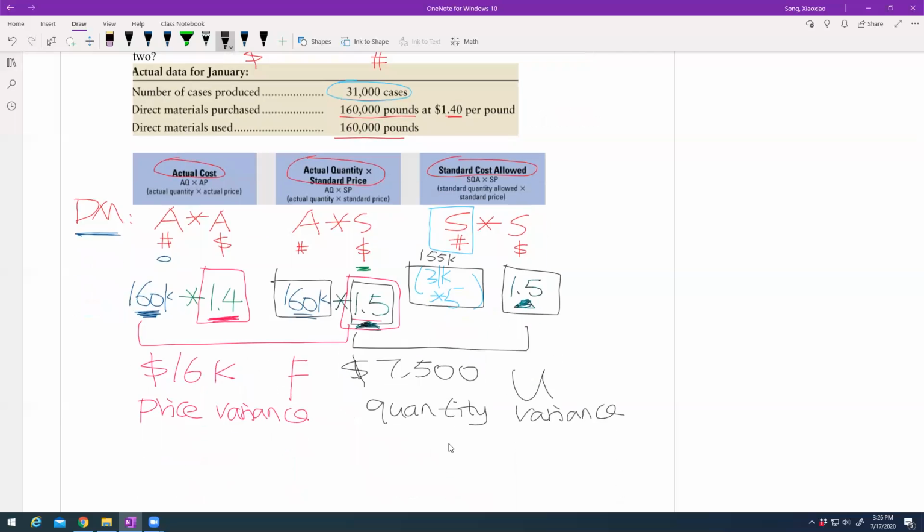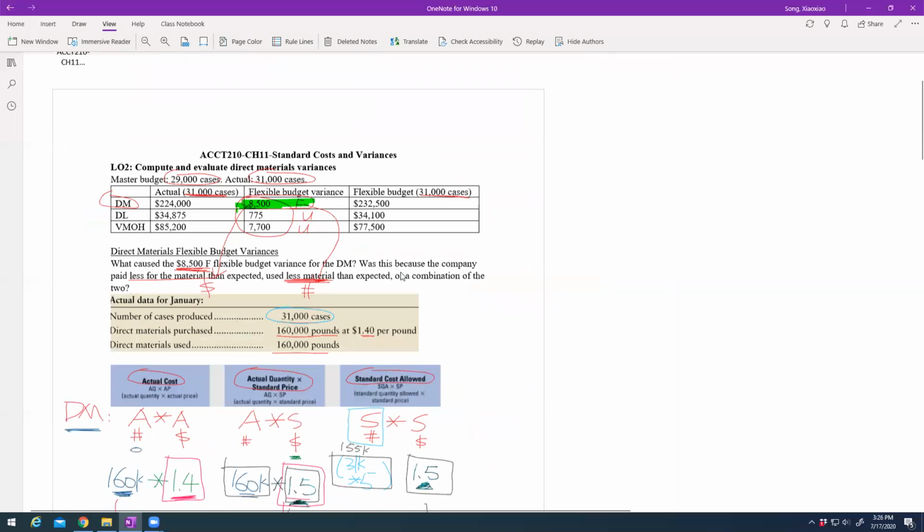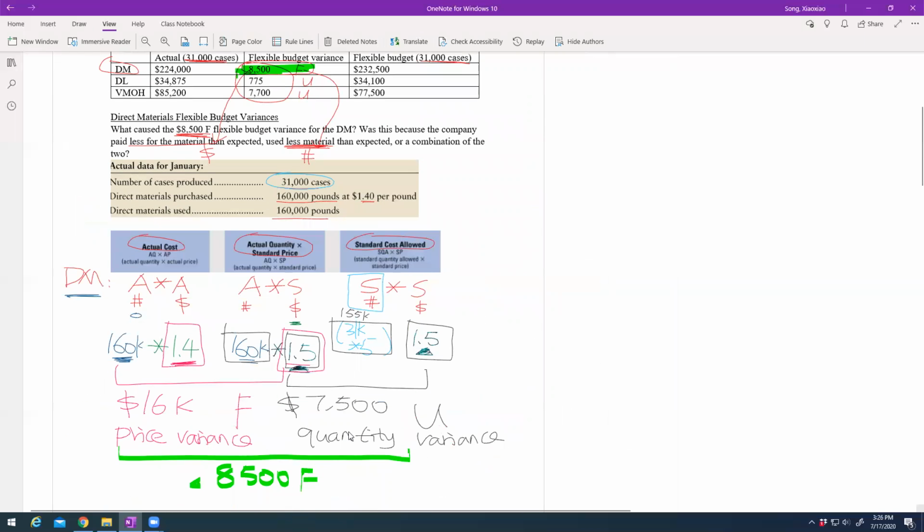So we add those two numbers together. $16,000 favorable and $7,500 unfavorable. If you add them together, you will get $8,500 favorable. You say, oh my goodness, this number looks very familiar. Look here, because this is our total flexible budget variance. We are trying to break down this flexible budget variance into two parts.